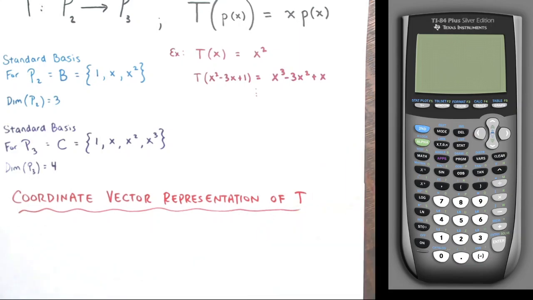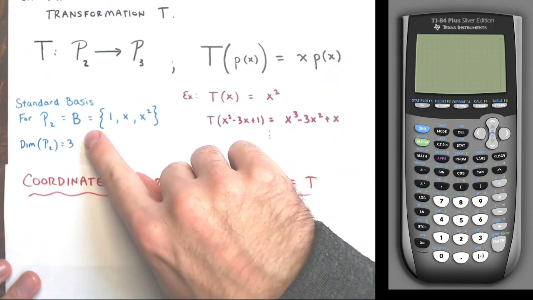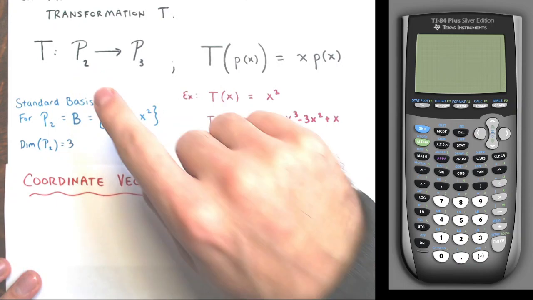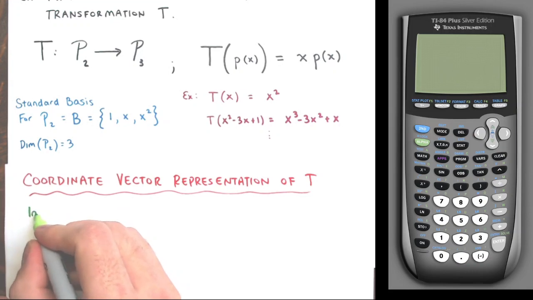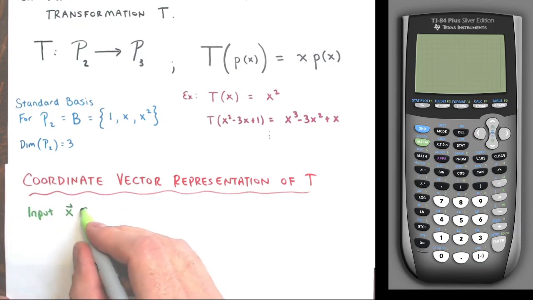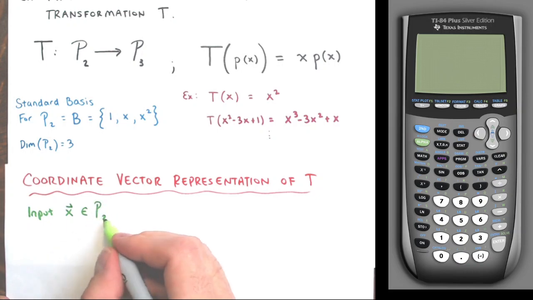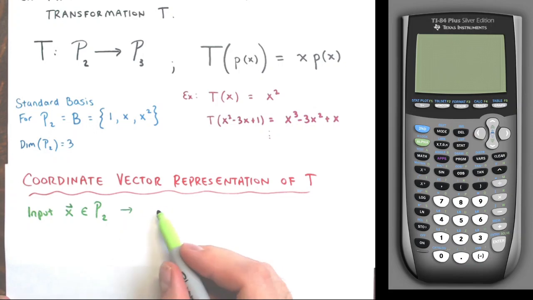All right, so if you take a look at a general input, what does an input look like? And I'll keep the standard basis for the domain up here. So if I have an input vector, say x, that belongs to P2, something from the domain. What is that going to look like?